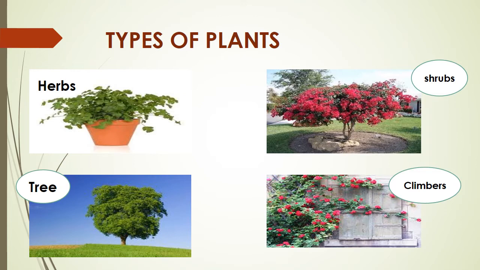And as we know, sunlight is very important for growing any plant, because without sunlight it is not possible to complete the photosynthesis process. So climbers take the supports to climb and spread their leaves and to receive sunlight for their growth, such as money plant and grapevine.